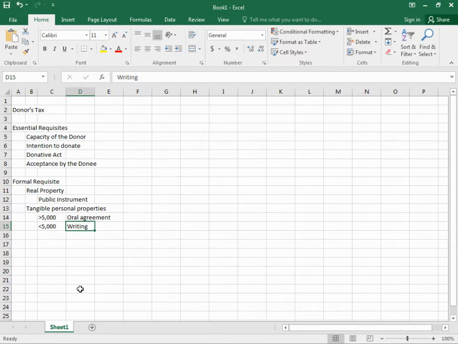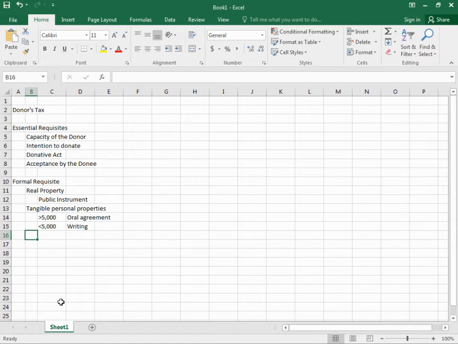So, pwede niyang i-claim yun na sa kanya kasi nakapangalan sa kanya yung resibo. Yan. So, kukunin niya sa'yo. Pero, pag meron kayong written agreement na pwede mong ipakita na duly signed ng both parties na transfer mo ng property sa akin, then the donor has no longer the right to get back the property.